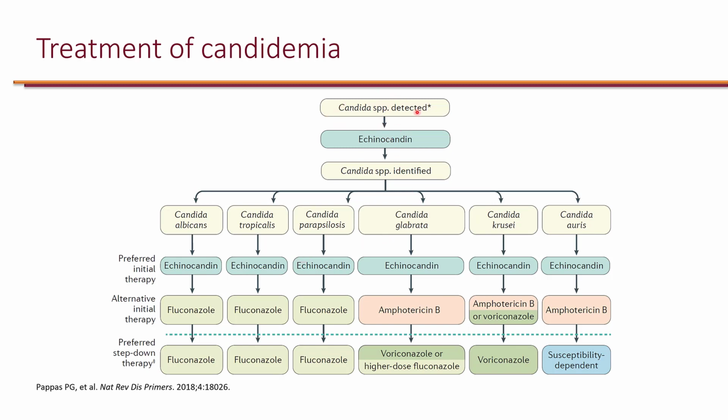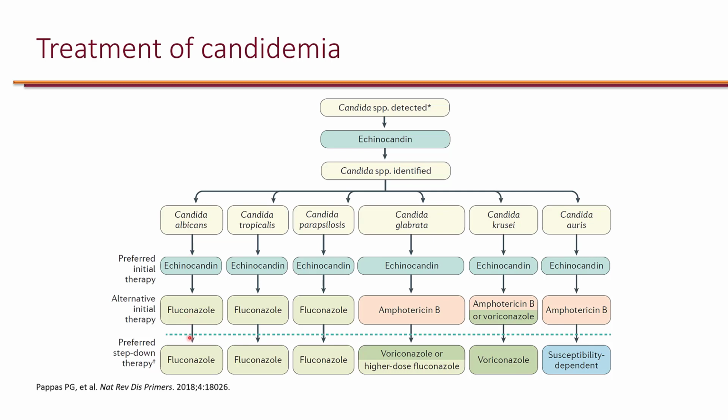So essentially, for most patients, empirically, an echinocandin is what's prescribed. And then once the species is identified, depending on susceptibility results, the patients may be transitioned to fluconazole for oral.